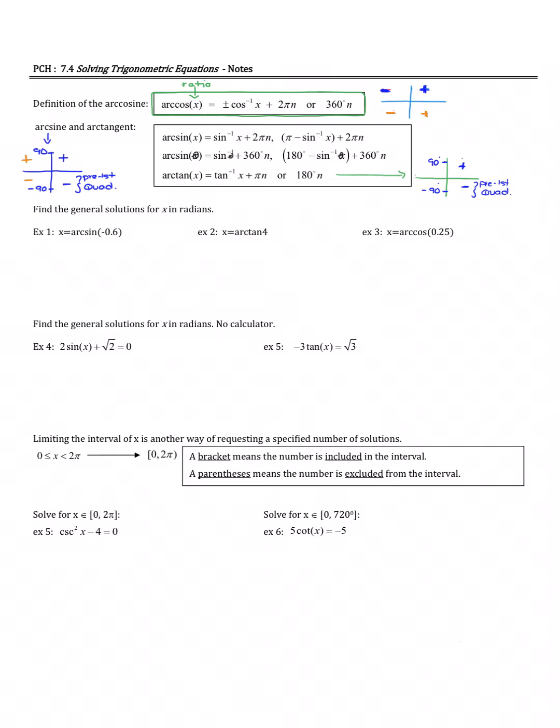And so where do we get those values from? Well, if the ratio is positive, then you draw your answer from the first quadrant. For instance, I'm just going to do it as an inverse cosine. If I have the inverse cosine of 1/2, my answer would be in the first quadrant.